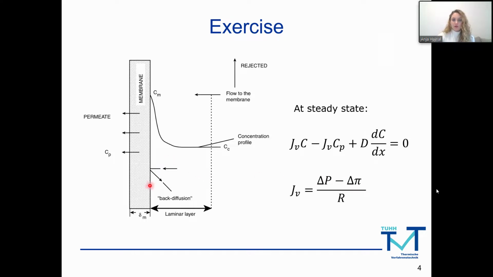However, since we have this concentration polarization and back diffusion, we also have creation of an osmotic pressure, which is working against the transmembrane pressure and reducing the flux. All right, so these are the two fundamental equations that we will be starting with.